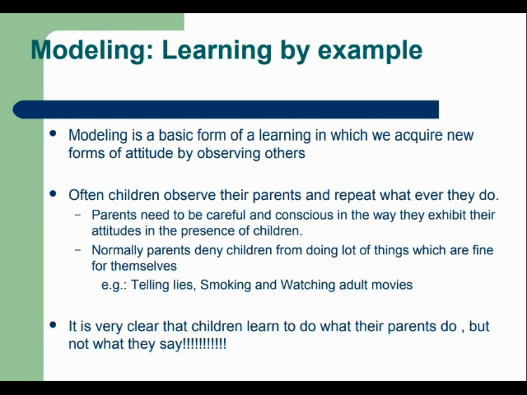Normally parents deny children from doing lots of things which are fine for themselves, e.g. telling lies, smoking and watching adult movies. It is very clear that children learn to do what their parents do, but not what they say.